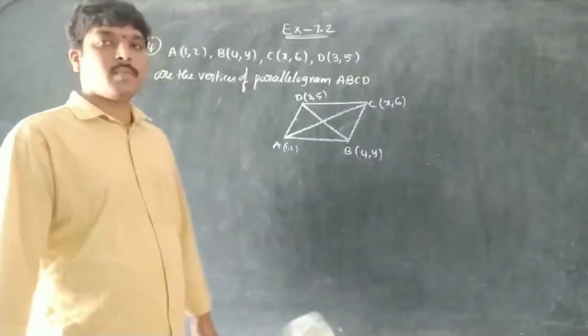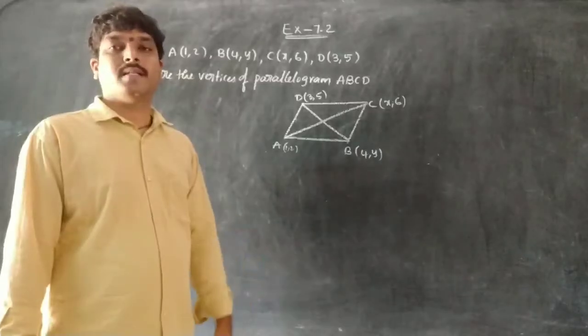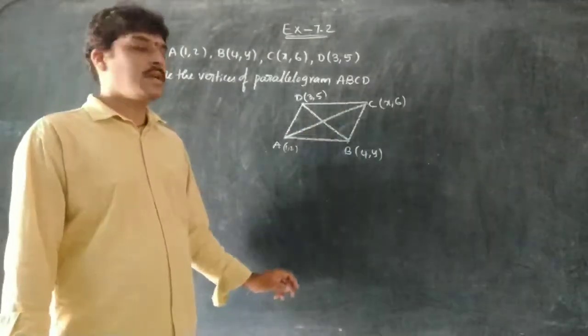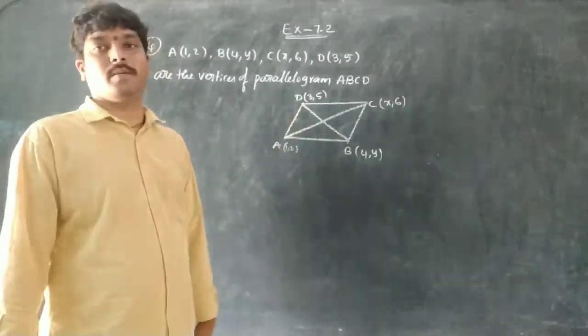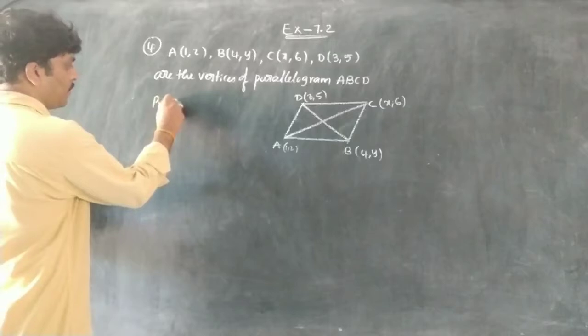Okay, in the properties of a parallelogram, diagonals AC and BD bisect each other. Means the midpoint of AC is equal to the midpoint of BD.